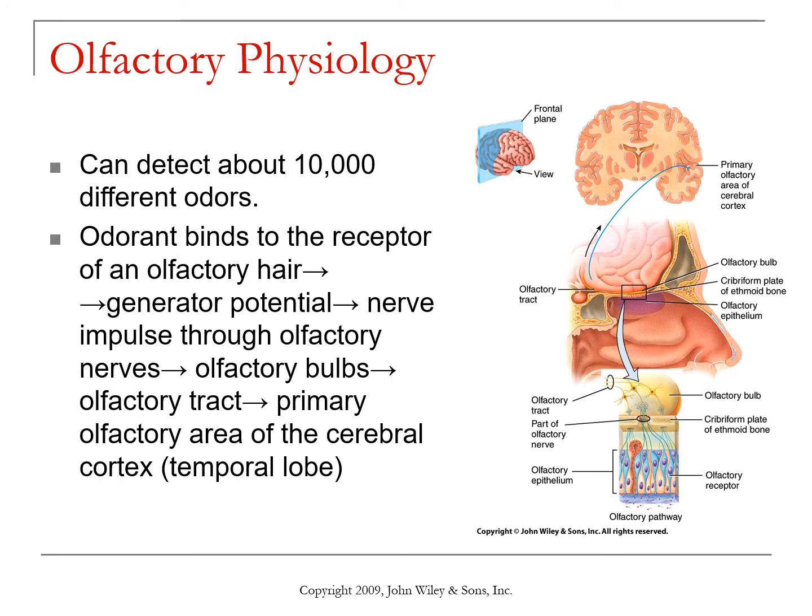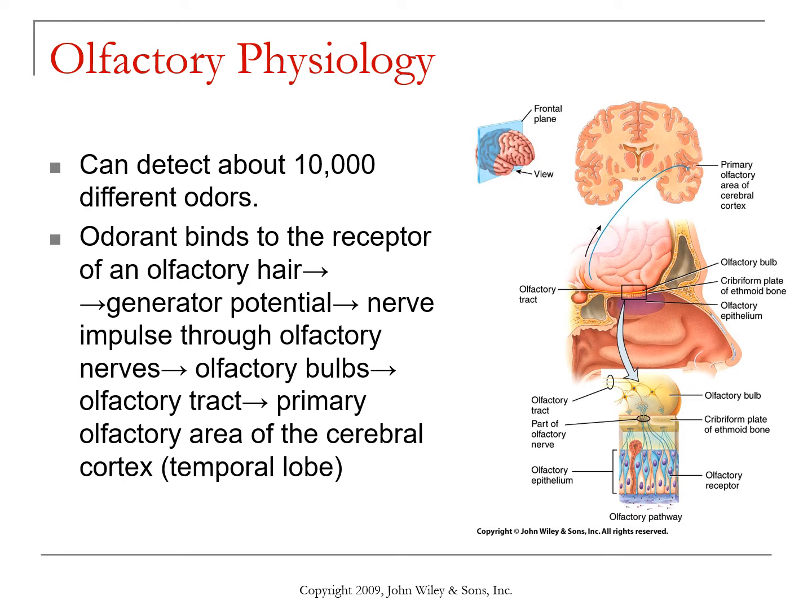The olfactory receptor cells can bind and distinguish between about 10,000 different odors, and the combinations of those stimuli create the specific smells that we can identify. So the pathway is: odorant chemicals bind to the receptors of an olfactory hair, creating a generator potential that leads to an action potential or nerve impulse along the axons of those neurons that make up the olfactory nerve, cranial nerve 1.